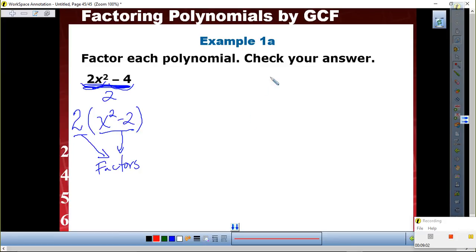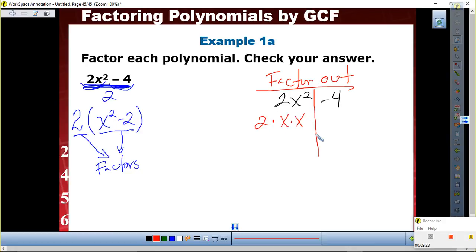Here it goes. Factor out. What does that mean? If I give you an expression, and here we go, I'm going to do a think aloud again. I'm going to factor this out like I did in last night's homework. So this is 2 times x times x.